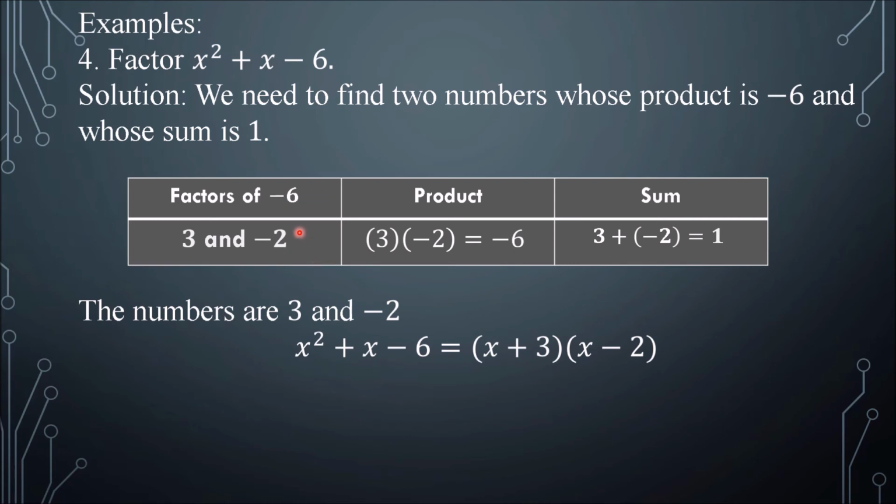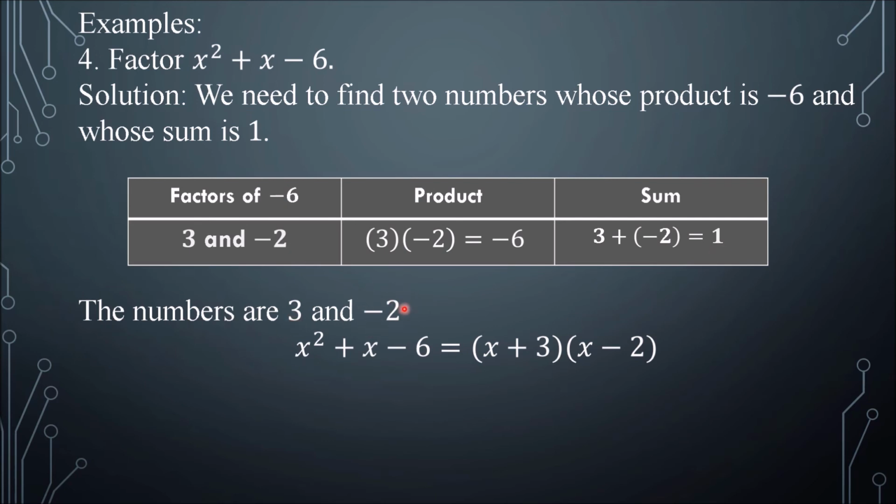Because if you're going to add negative 3 plus 2, the answer is negative 1. We want to have a sum of 1, positive 1. Therefore, 3 must be positive and 2 must be negative in order to have a sum of 1. Therefore, the two numbers are 3 and negative 2.